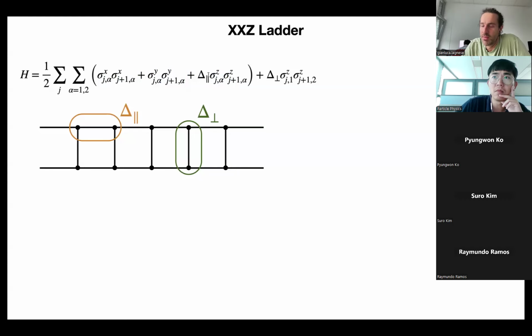Because the Heisenberg model is basically S scalar S, that is XX, YY, ZZ, a scalar product. Then you put in some asymmetry. There are materials that show this kind of asymmetry.